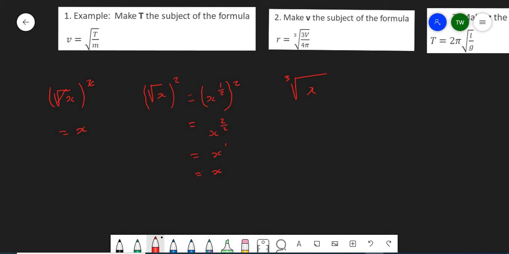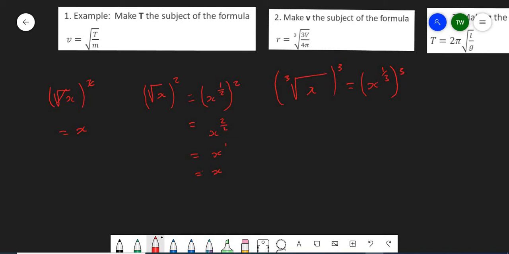the cube root and you want to remove the cube root sign, you remove it by cubing. And we can apply indices to see that. If we apply indices, the cube root of x is the same thing as x raised to the power of 1/3, all cubed.